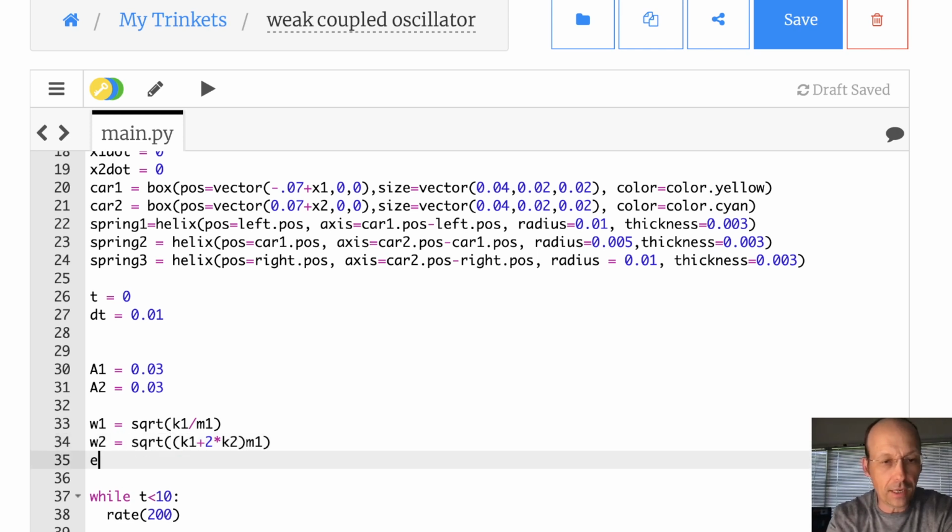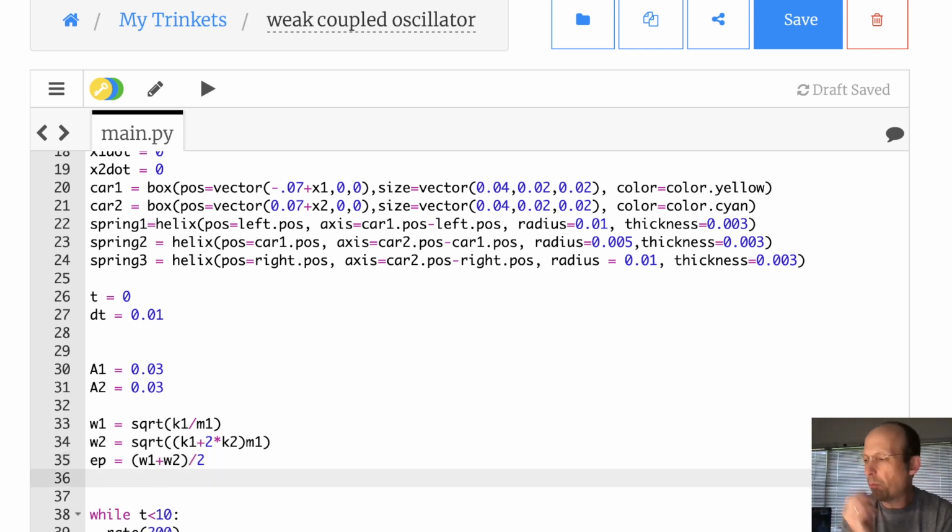And then epsilon, I'll call it EP, is omega 1 plus omega 2 over 2. And then what would omega 0 be? I think it'd just be omega 1. It's close enough. Let's just use, I said omega 0 is equal to omega 1.